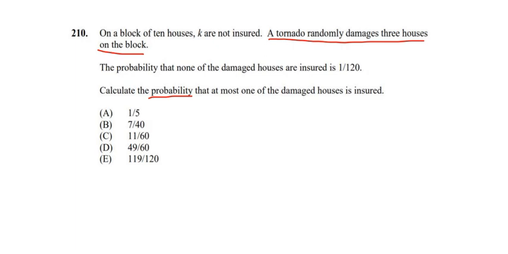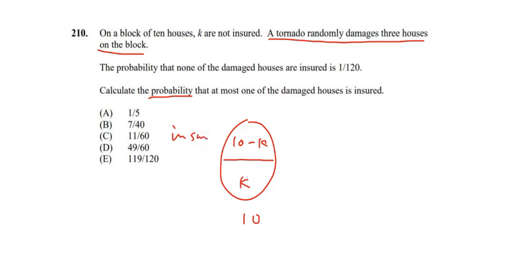So for these 10 houses, we just split them into two parts. Some are insured, K not insured, so 10 minus K insured, right? So here this is insured, here not insured.